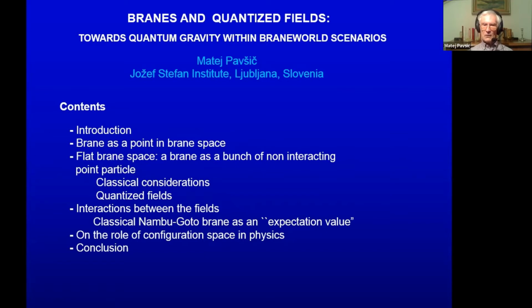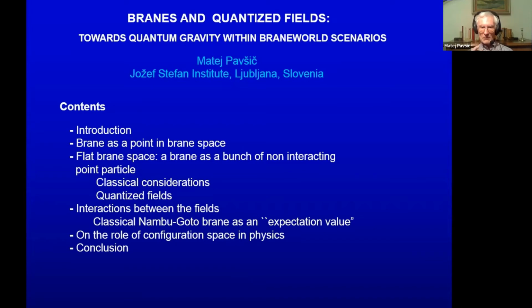In that case, the talk is about a flat brane space in which a brane is a bunch of non-interacting particles. It is just like a bunch of non-interacting point particles, more precisely, their world lines. So this bunch of world lines.